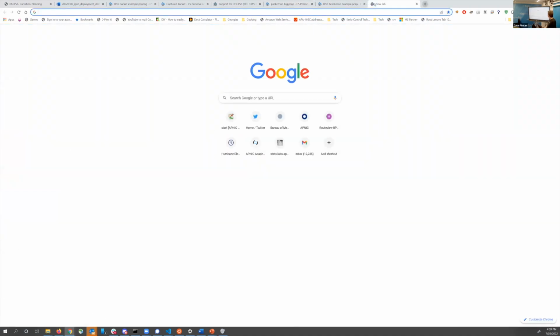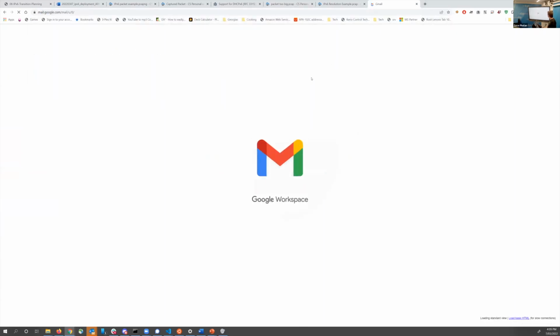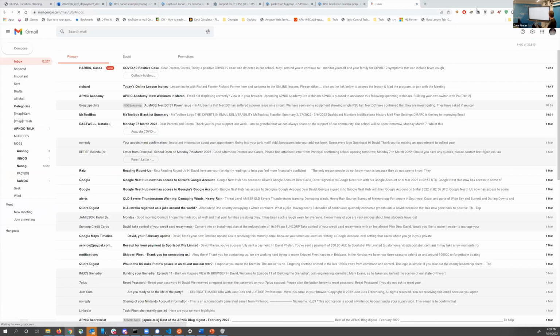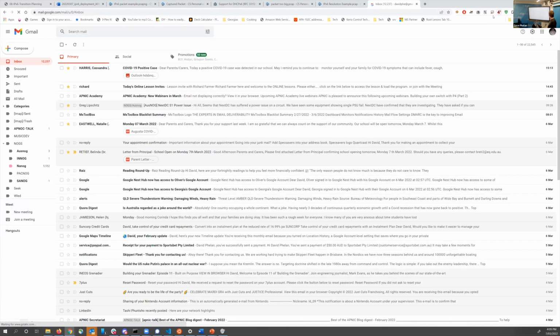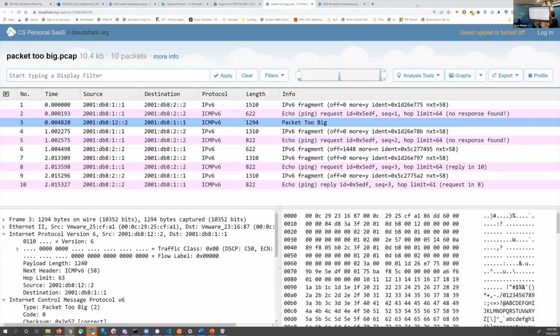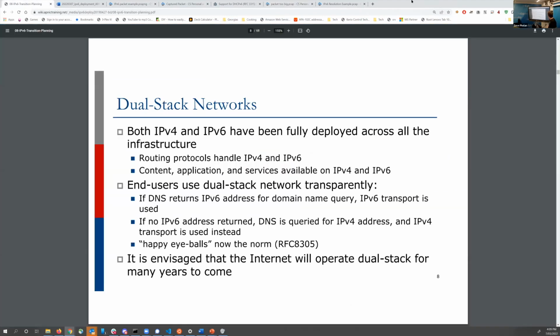If I go to Google, if I go to my mail, it's giving me a 4 and a 6. And right now it's preferencing v4. So there's lots of little tools like IPFoo for seeing that sort of info. Now back to present.